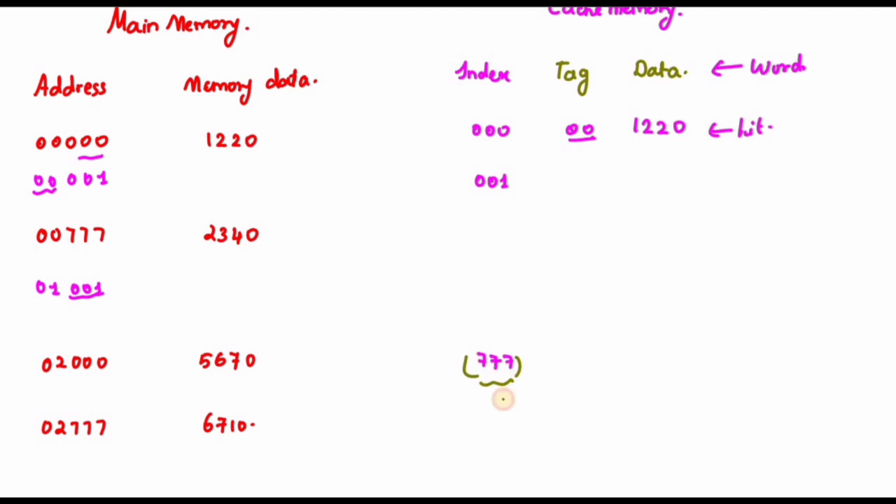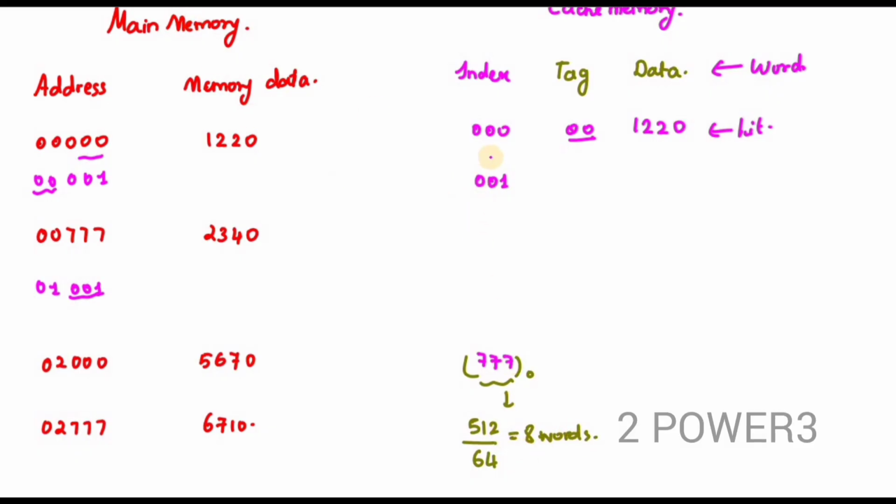If I convert this octal number into decimal, it is nothing but 512. This is my decimal value. So if I divide this by 64, I get 8. So for one block you have 8 words. Okay.